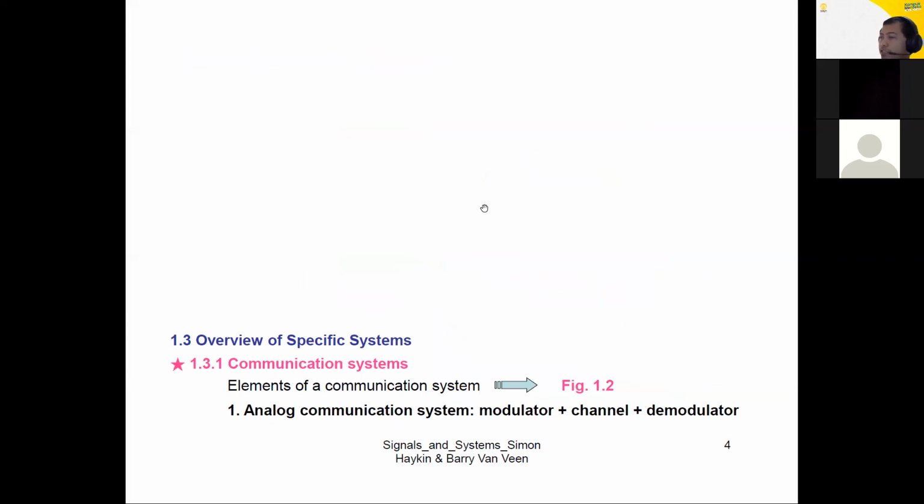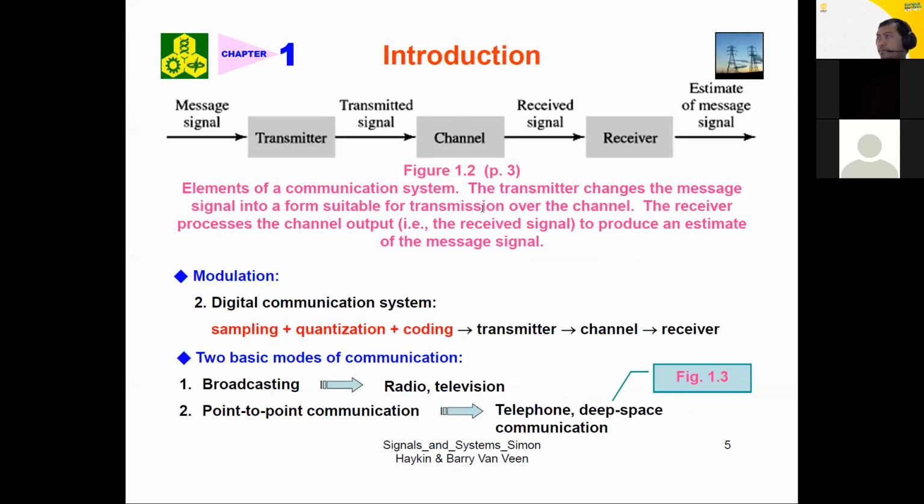Allow me to mention some systems in many real applications. For example, the communication system, which we can draw as a green block here. This communication system consists of a transmitter, channel, and receiver.